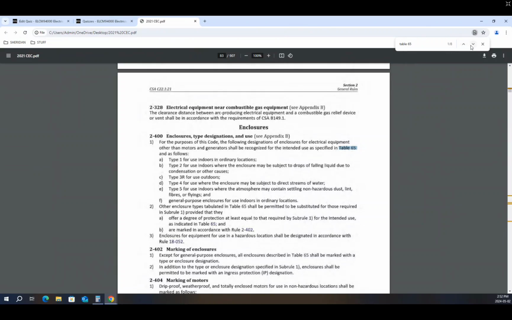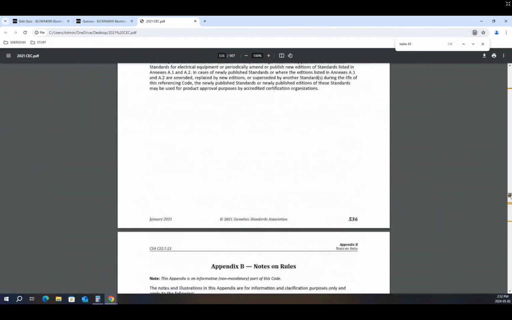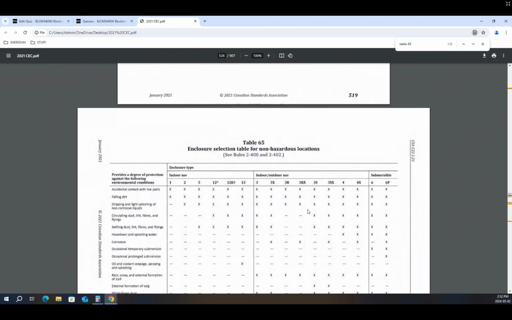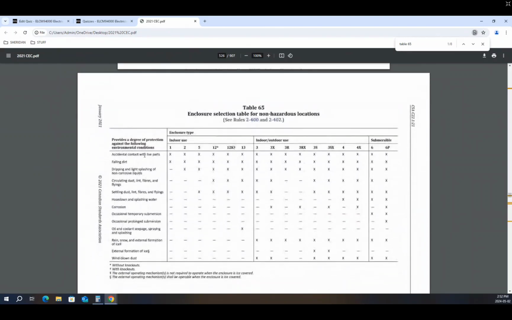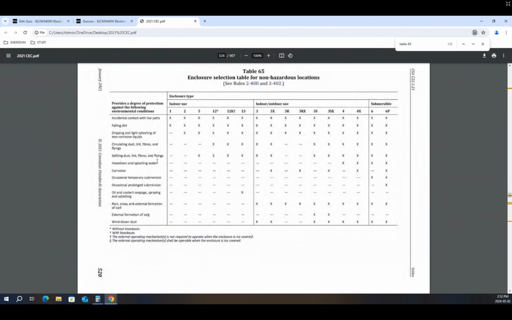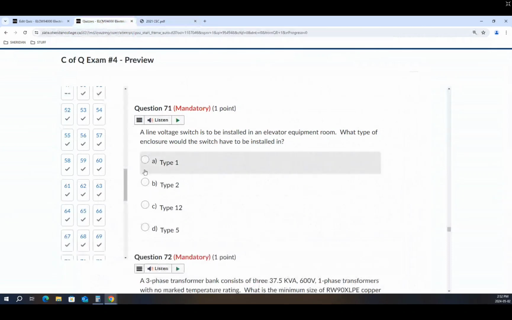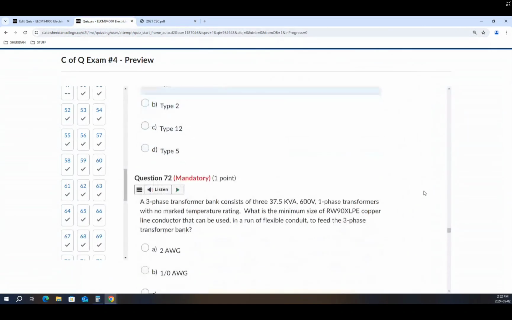It looks like it's a Type 1. Yeah, I'm saying Type 1.